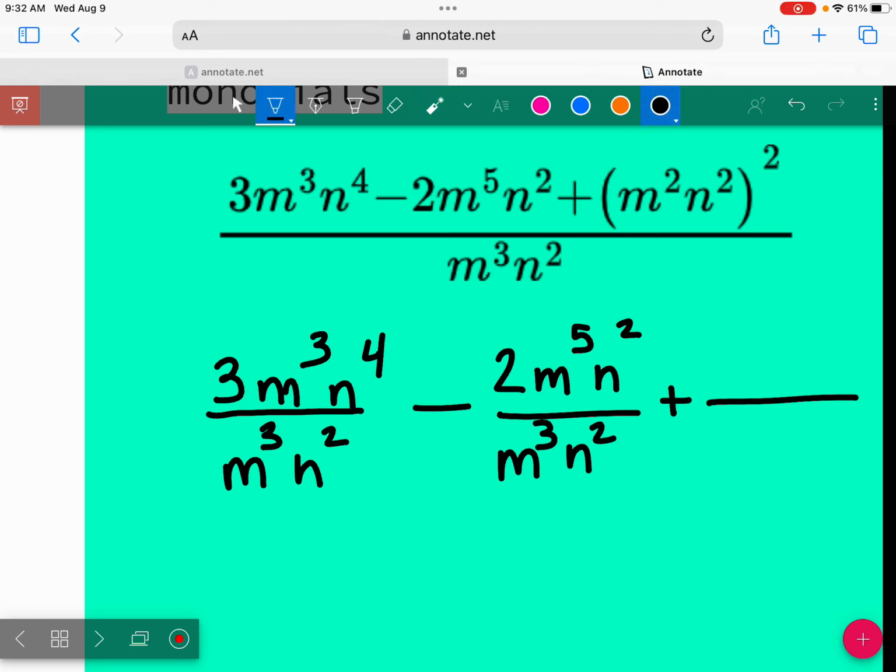What are the exponents going to be on m and n? M to the fourth, n to the fourth. When we have a power to a power, we multiply the exponents. Still over m cubed n squared.